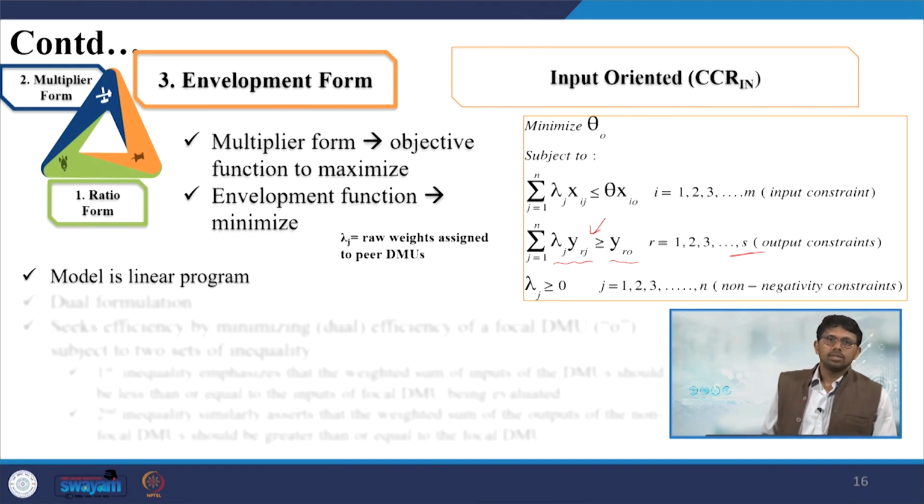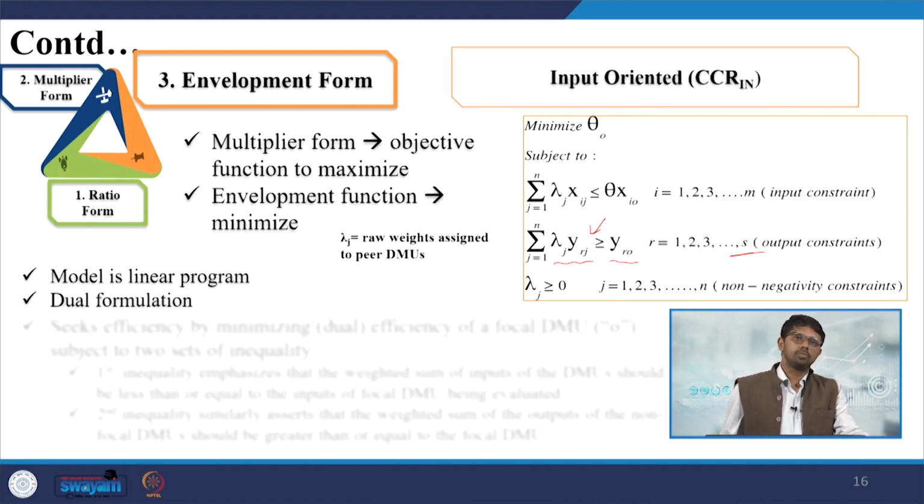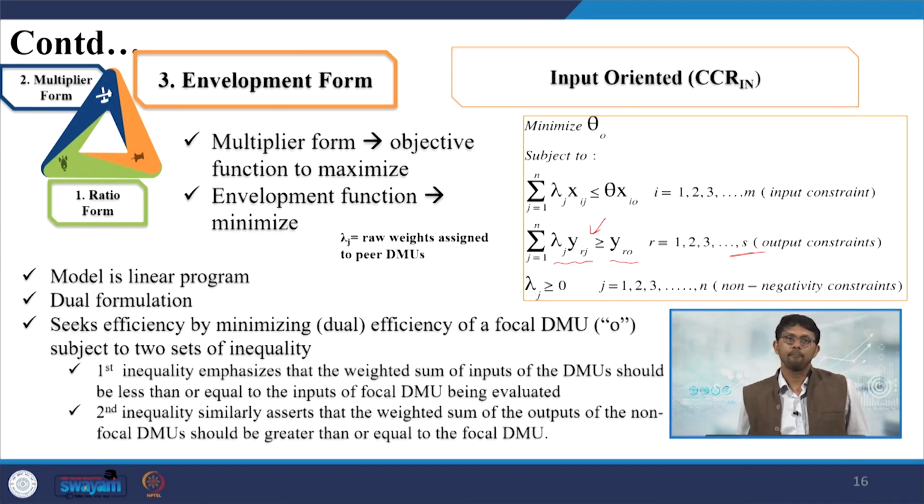And again, since we have taken the summation with their respective weights, we are actually modeling through a linear program, and there are dual formulations as well. This seeks efficiency by minimizing the efficiency of a focal DMU unit, subject to two sets of inequality.